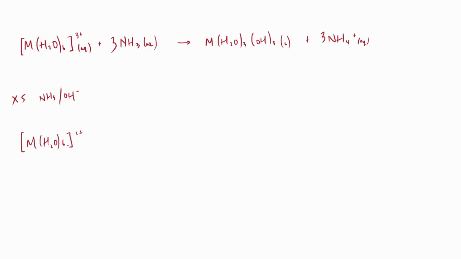The 2+, if we react it with excess OH minus, what we could find happen, and this may happen, this may not happen, is that we would end up with something like this going on. This would change our charge now down to 4-. Again, balance this up. So the 6 H2Os there, 6 OH minus there, and that's all balanced.